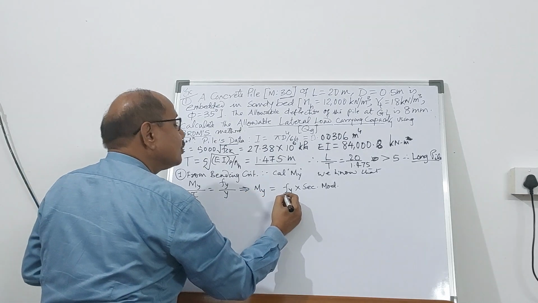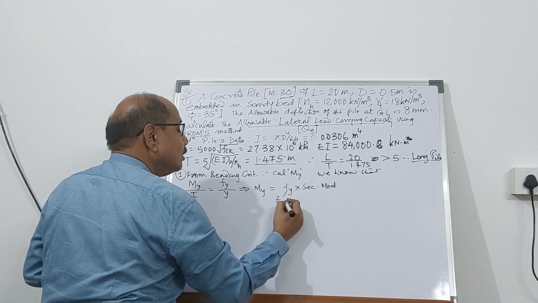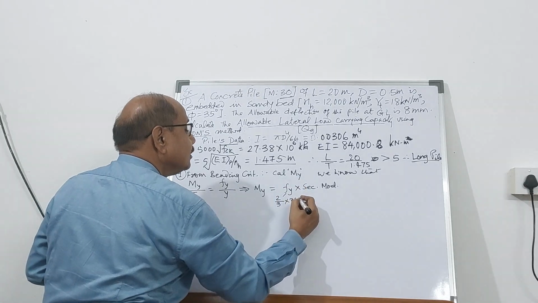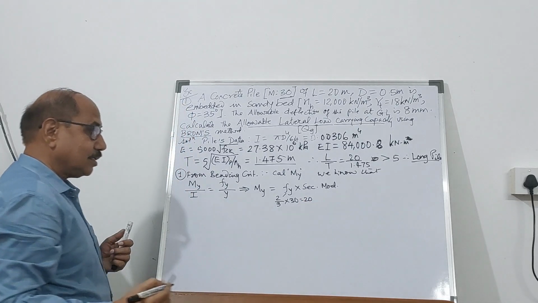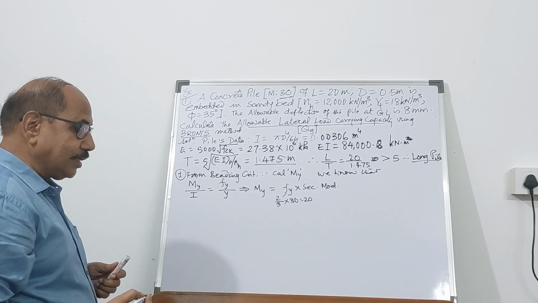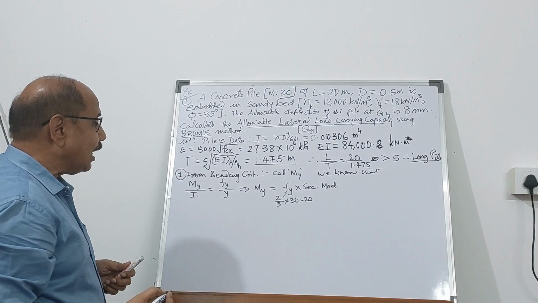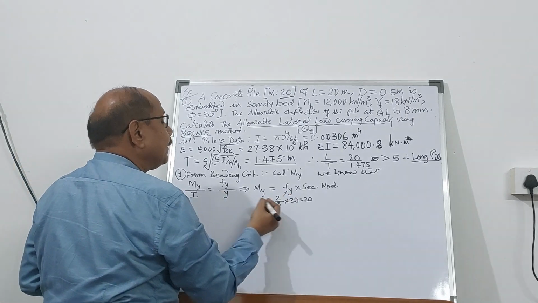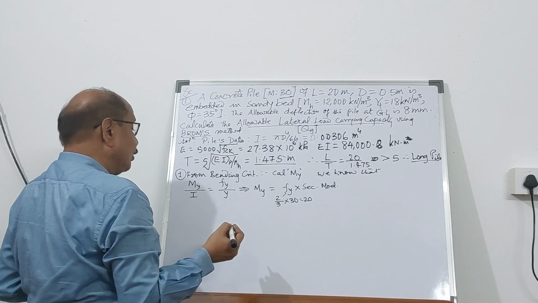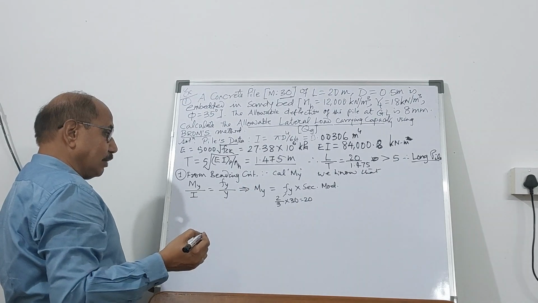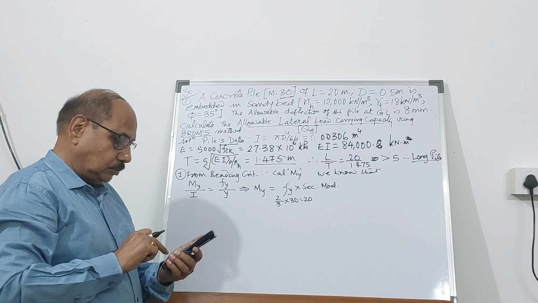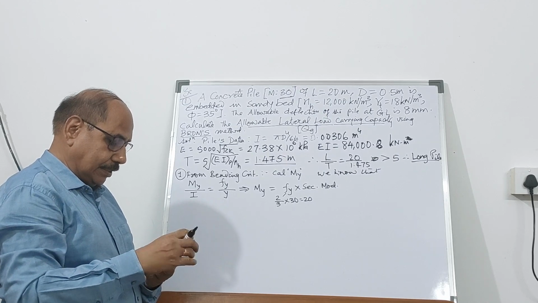So Fy is going to be 2/3 of the ultimate stress, so it will be 20 kilopascal. And the section modulus you need to calculate. The moment of inertia is already known to you, and y max, the maximum value of y, will be d by 2, that is 0.25. So if we calculate, we will get the value of My.